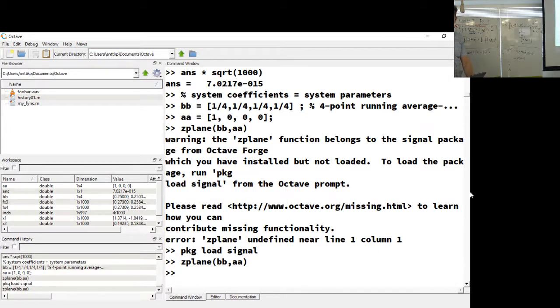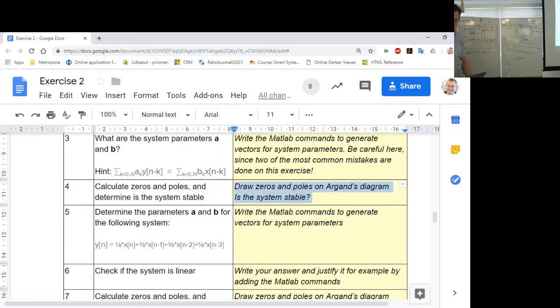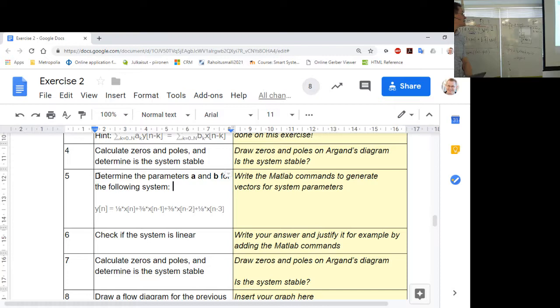Next thing was, wait a minute. And there we have K, and then basically determine the A and B for the following system. Okay, there we have another system which only has zeros, no feedback.